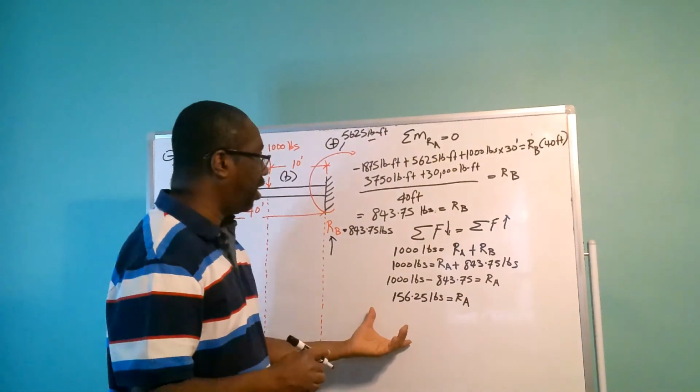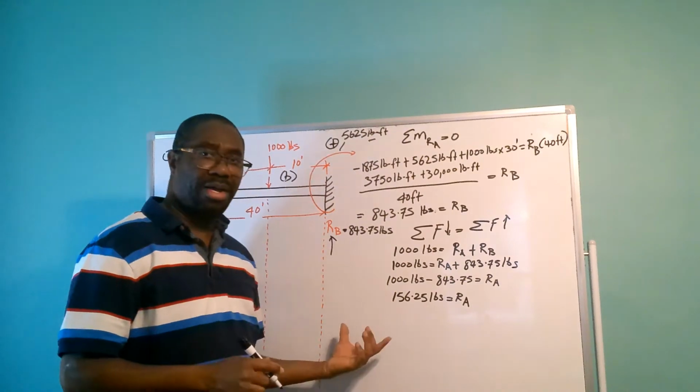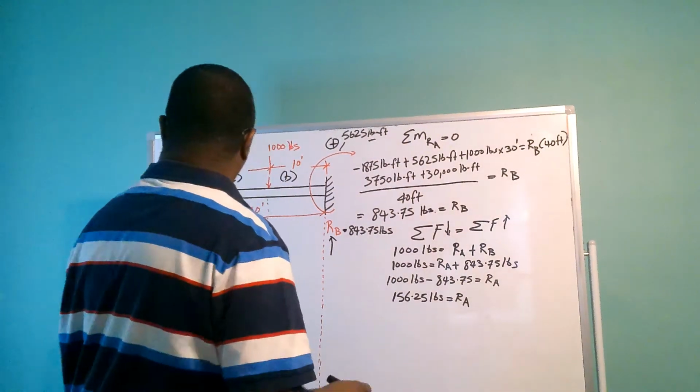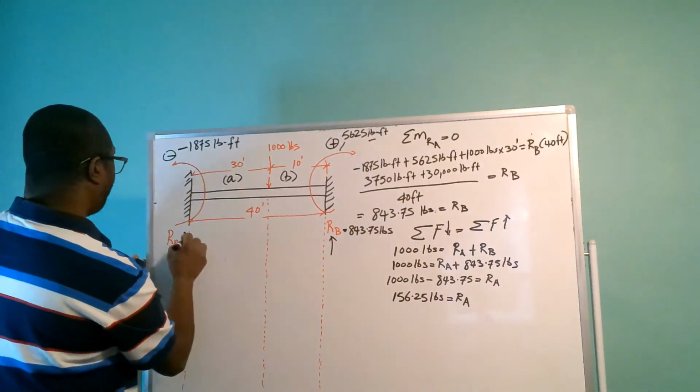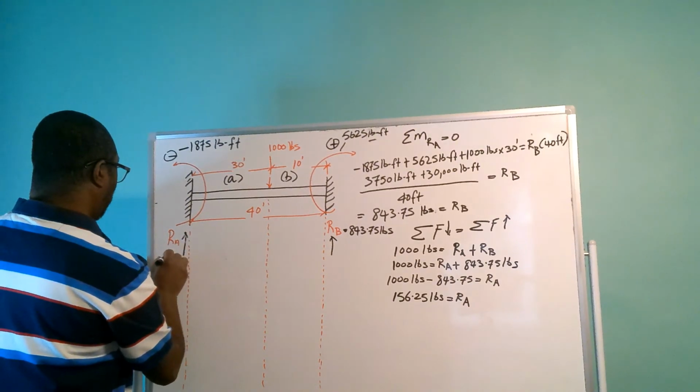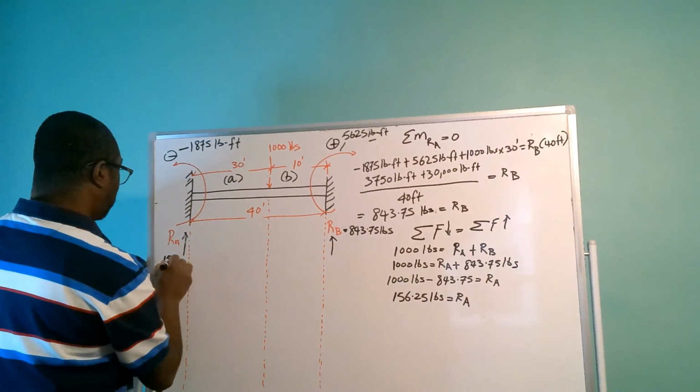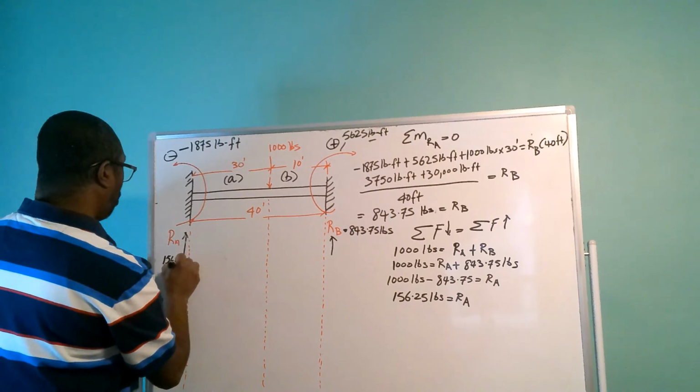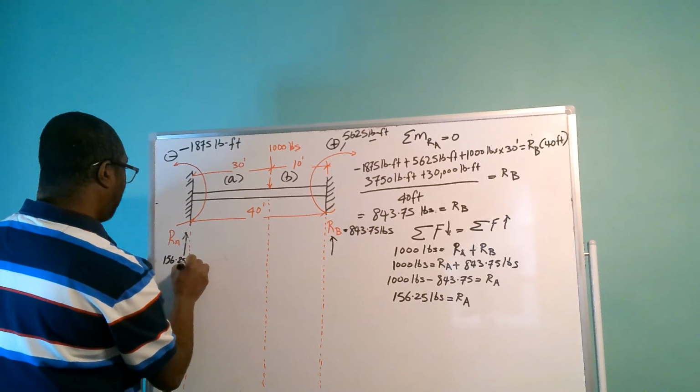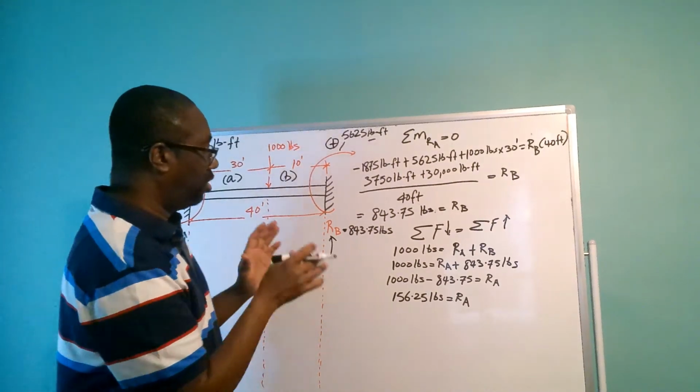So the reaction at RA is going to be 156.25 pounds. See that?